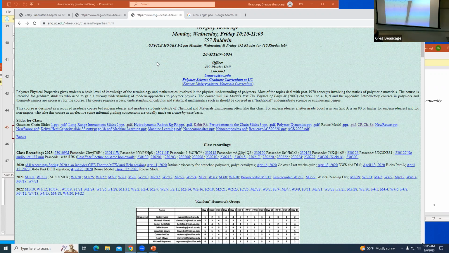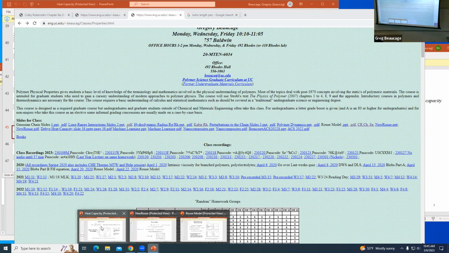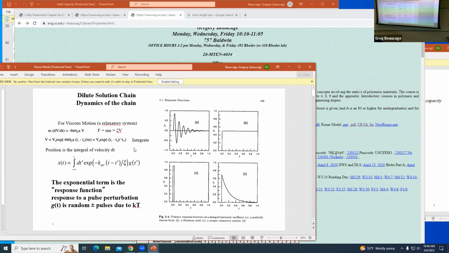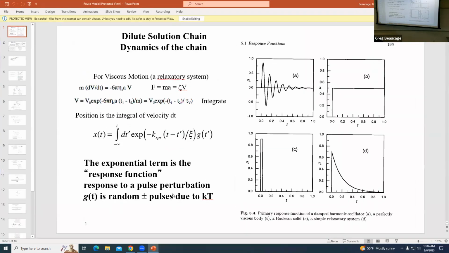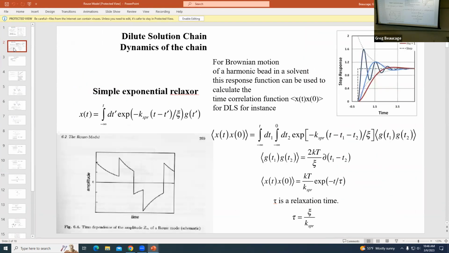Anyway, I should get these slides put together properly. So heat capacity, and all right, so how does this work? Let's see, this is explained in here somewhere.